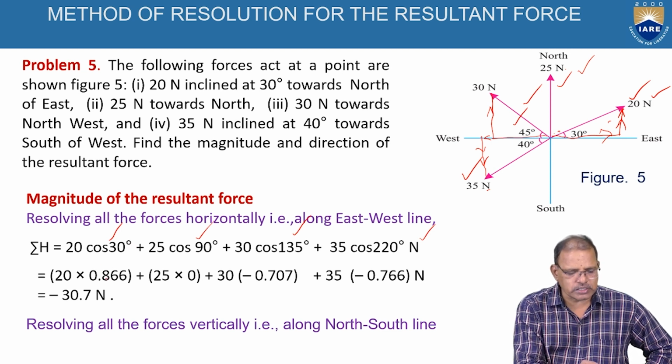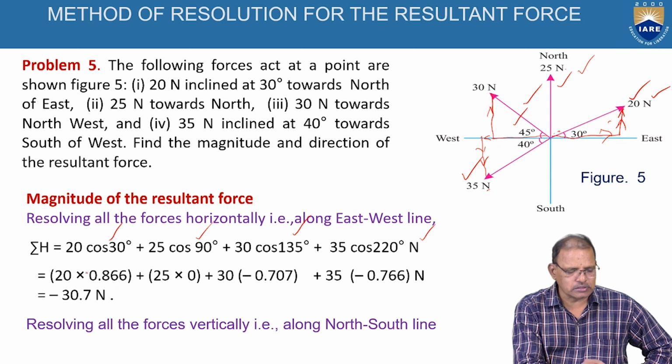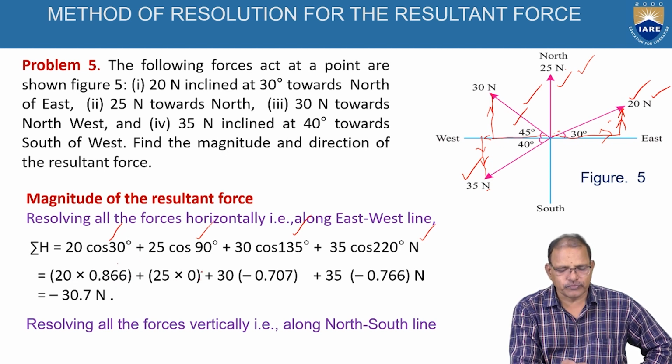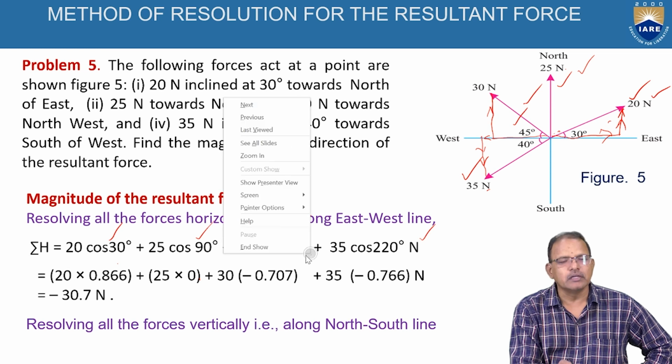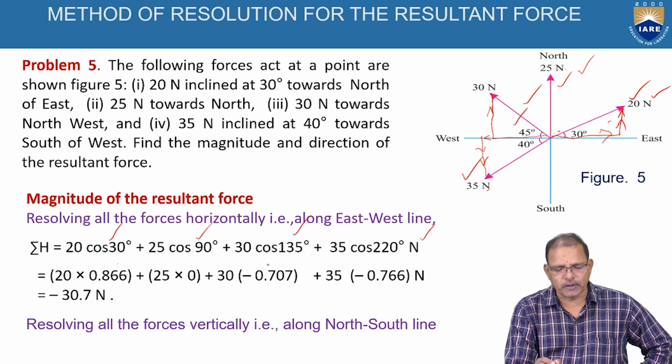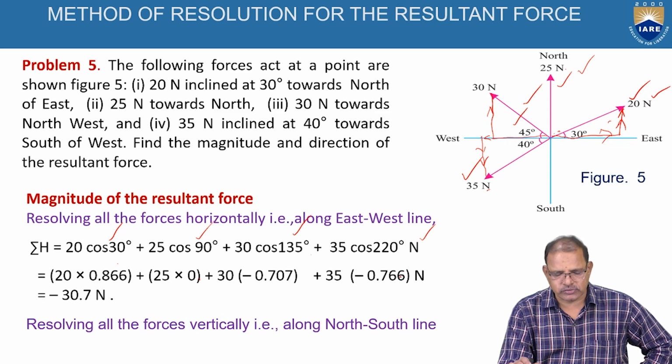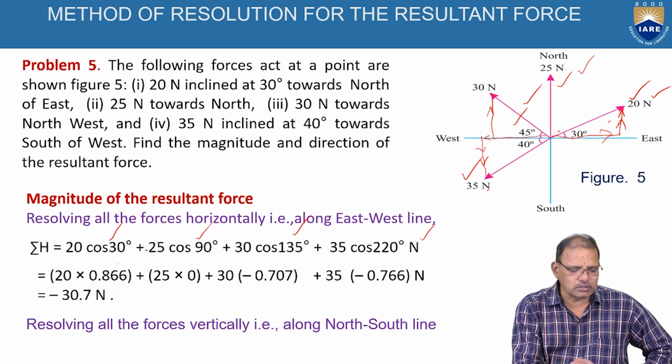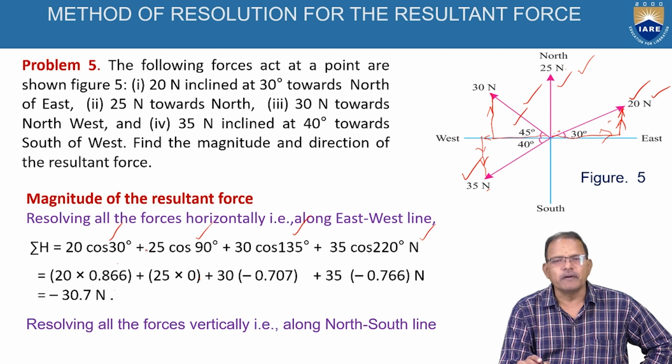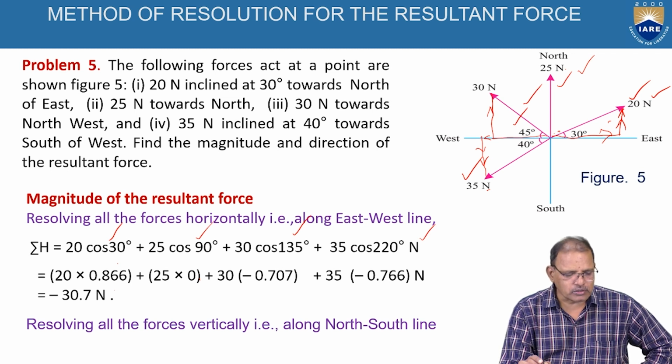Hence, the value of cos 30 is 0.866, 25 into cos 90 is equal to 0, cos 135 is equal to negative 0.707, plus 35 into cos 220 is again minus 0.766 newtons. So the total value is equal to minus 30.7 newtons.